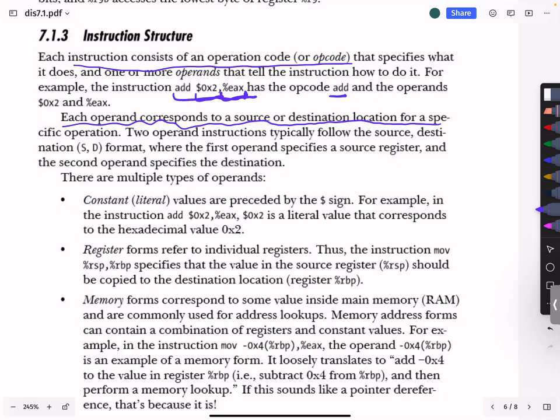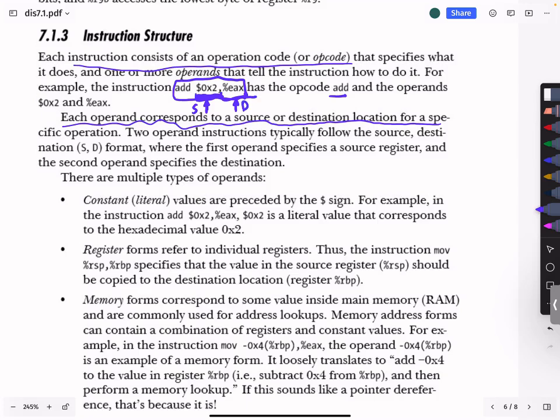So for instance, just to talk this out, I think there are some versions of x86-64 that have the destination go first and then the source come next. But what we're going to look at, which is also a very common system, is that the source always comes first. If there's both a source and a destination, then the source comes first, the destination comes second.